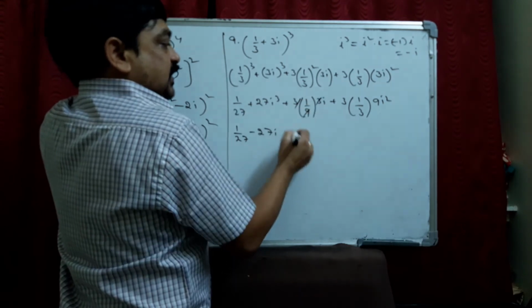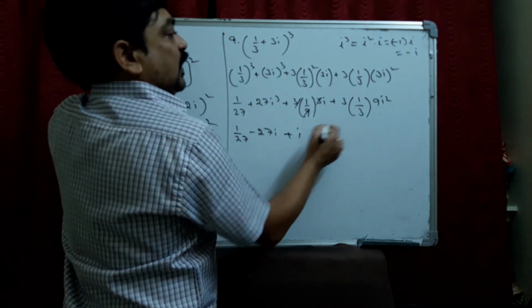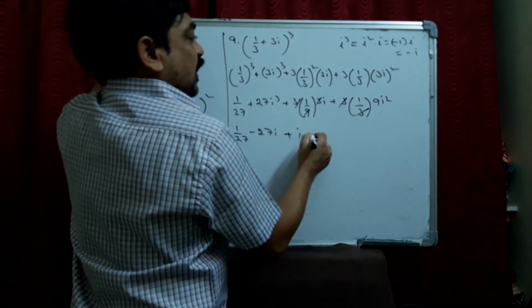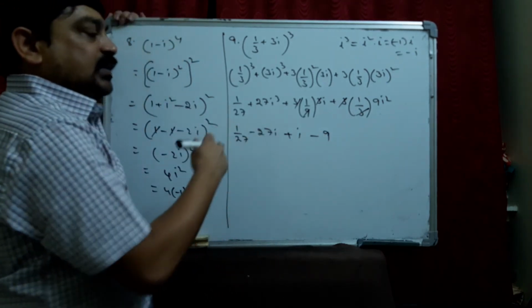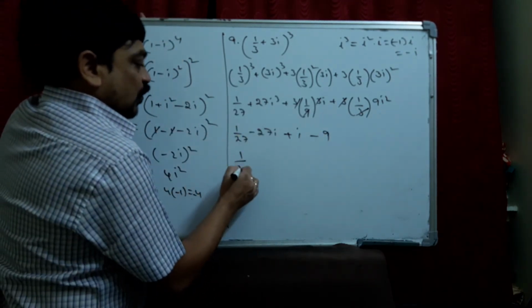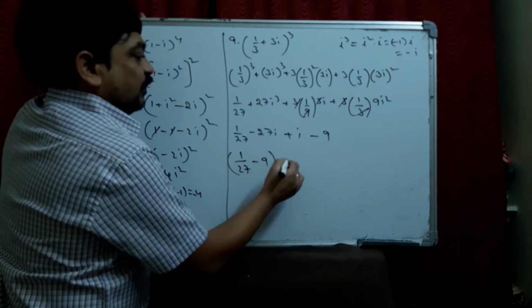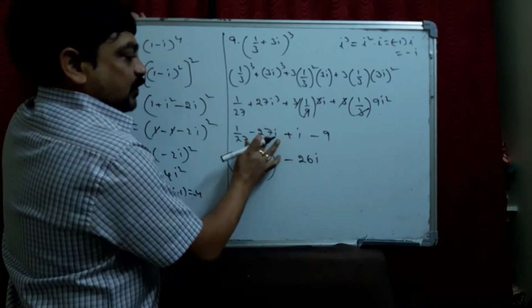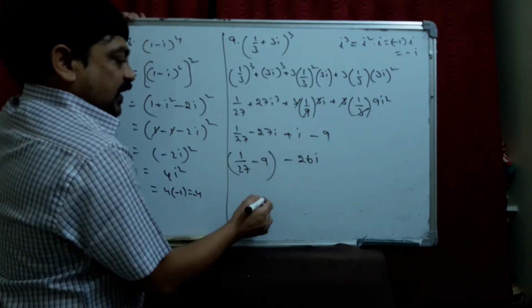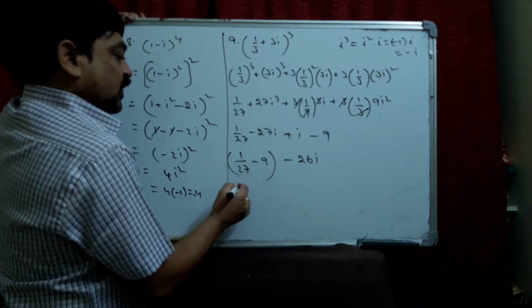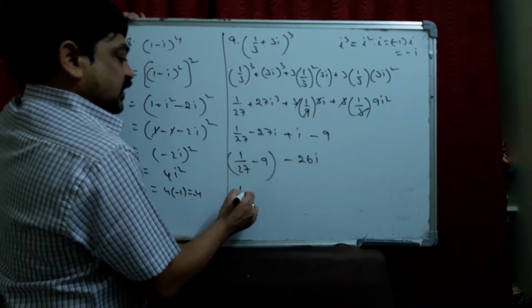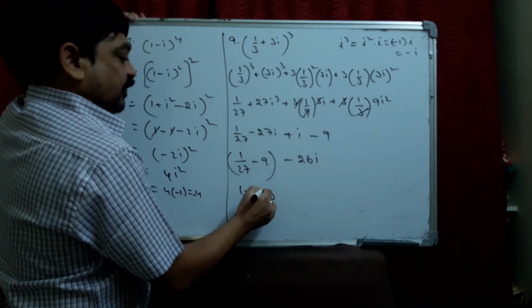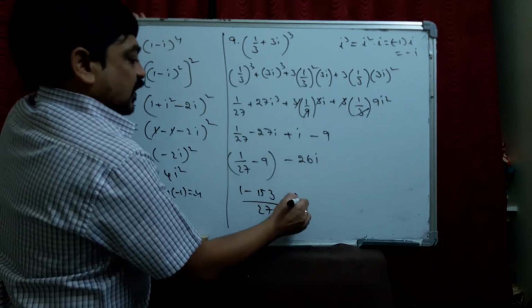You can cancel this with this, plus i. You can cancel 3 with 3. It becomes minus 9. Now let us write all the real parts once: 1 by 27 minus 9, minus 26i, because imaginary parts. When I take LCM, it becomes 1 minus 63, 153 by 27 minus 26i.